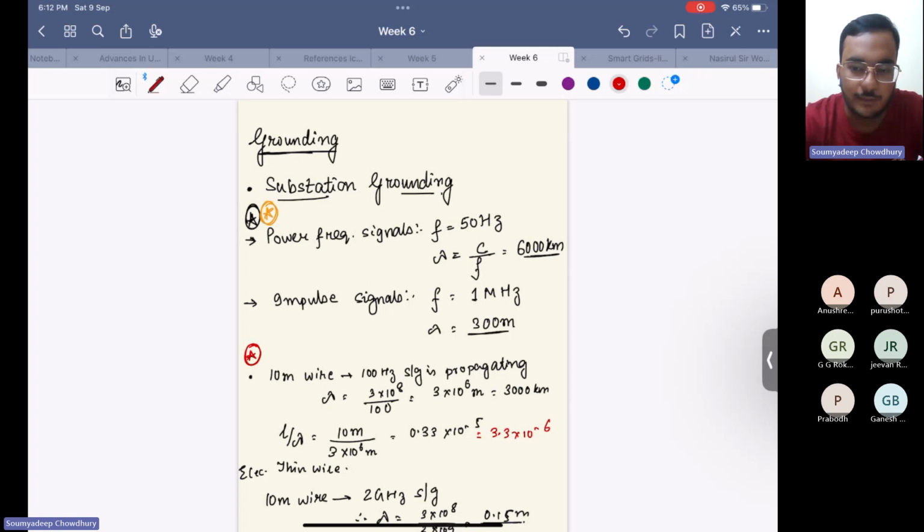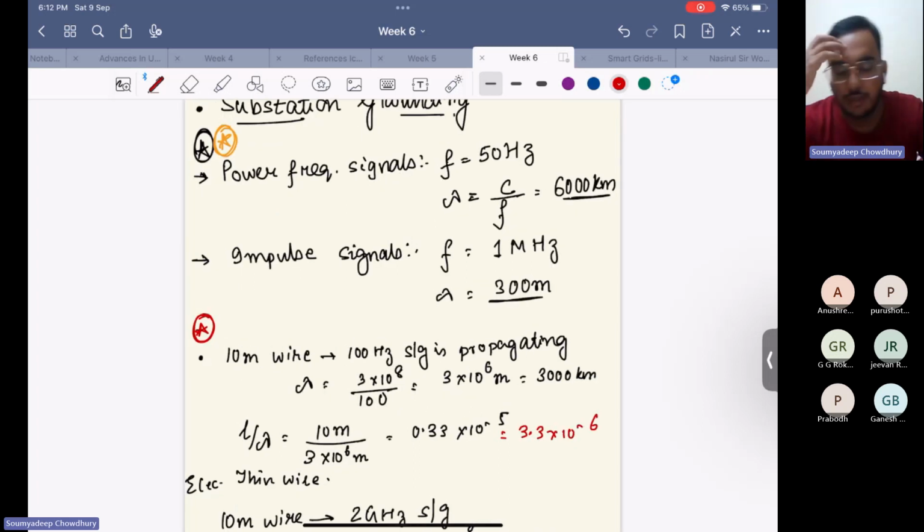signal that is propagating. I have given an example here: a 10-meter wire, and a 100 hertz signal propagating through the 10-meter wire. Should that 10-meter wire be treated as electrically thin or not?